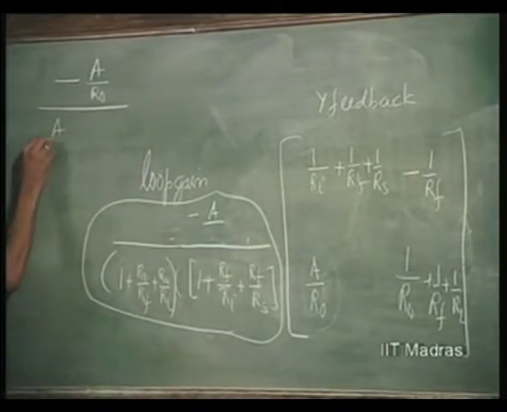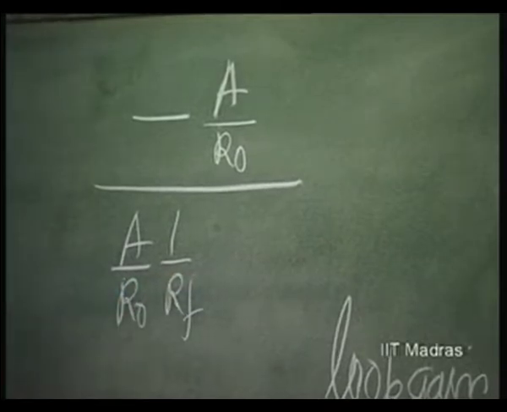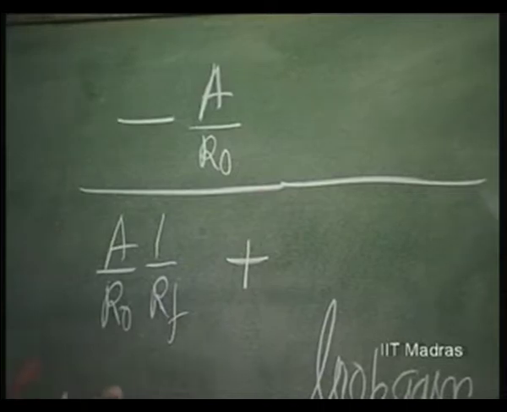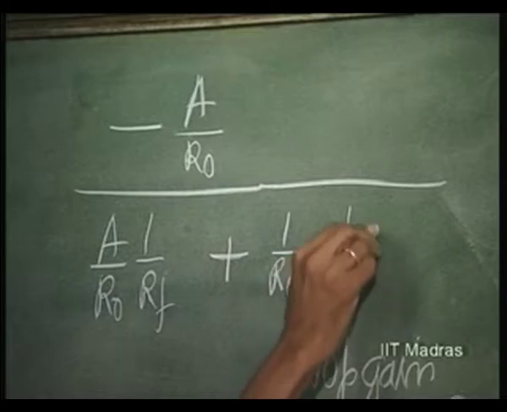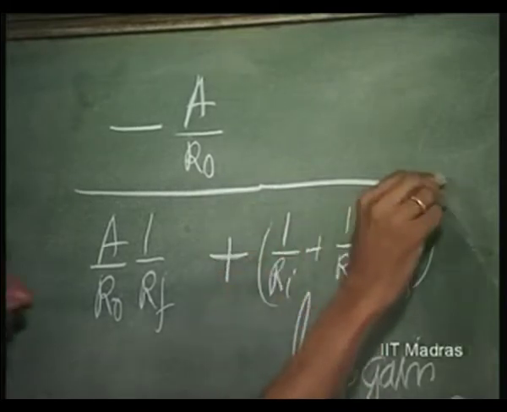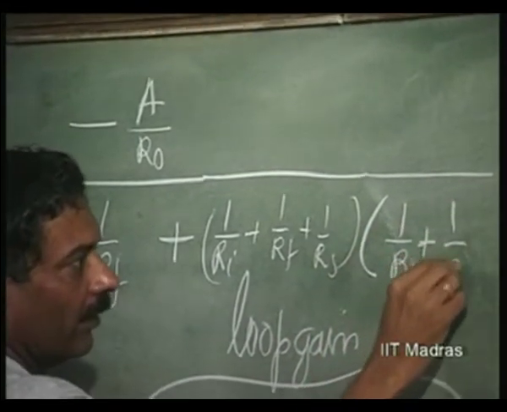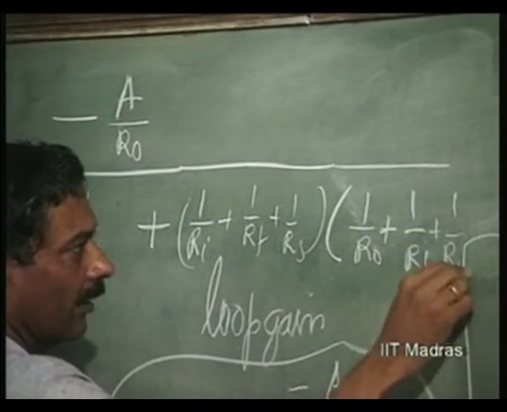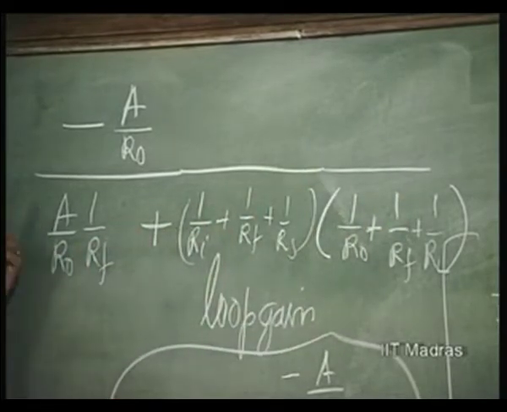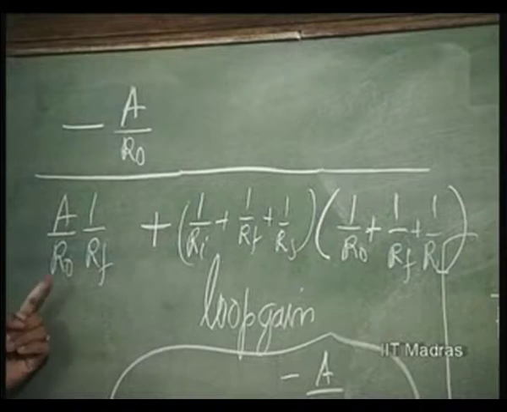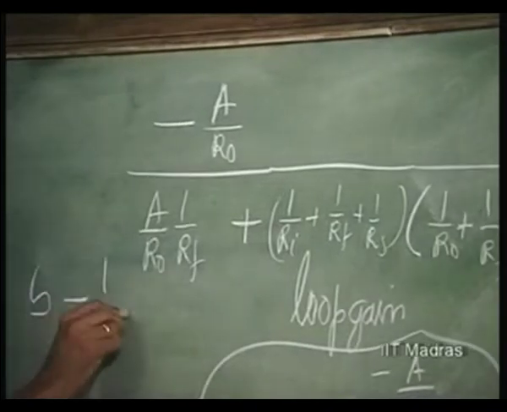In this, A by R naught into 1 over Rf is the dominant factor, plus you have that factor, which is 1 over Ri plus 1 over Rf plus 1 over Rs into 1 over R naught plus 1 over Rf plus 1 over Rl. This factor is negligible compared to this, because you have A going towards very high value, 1 over R naught going very high. Strictly speaking, therefore, this will converge towards minus 1 over Rf.